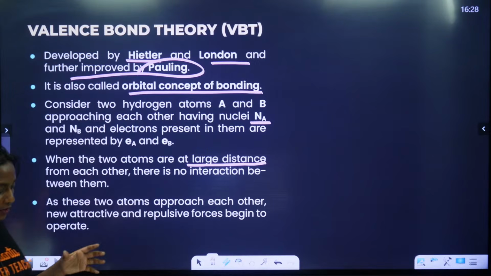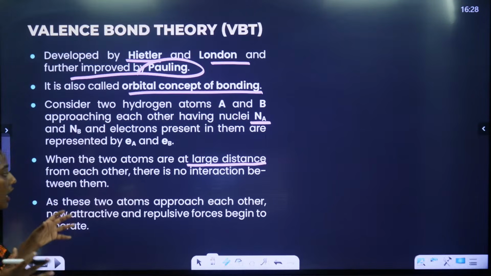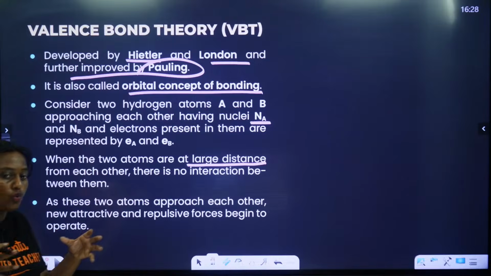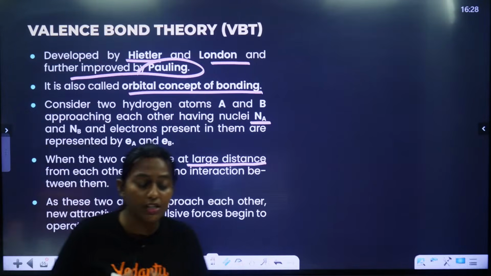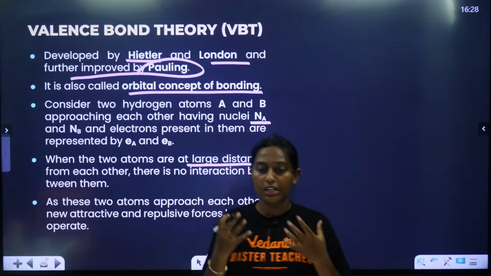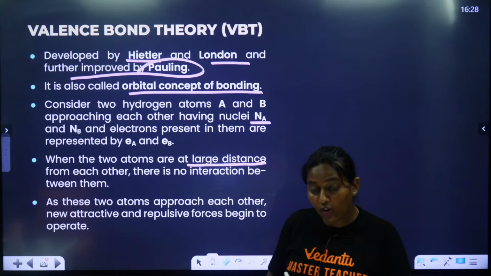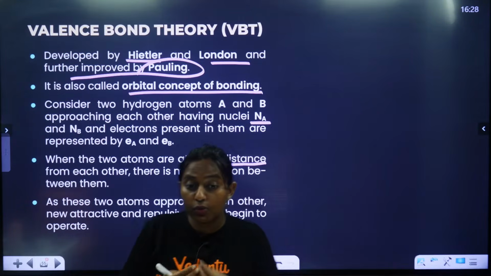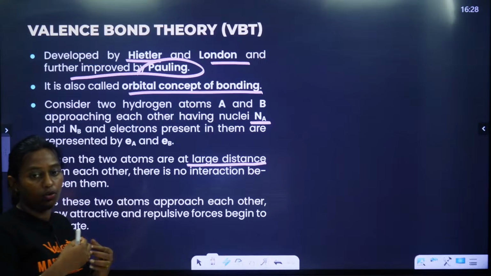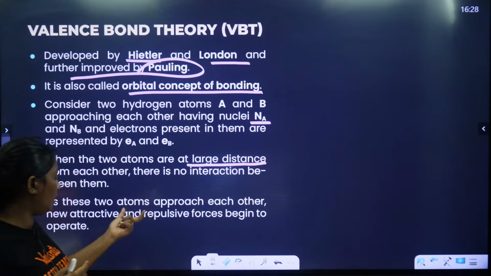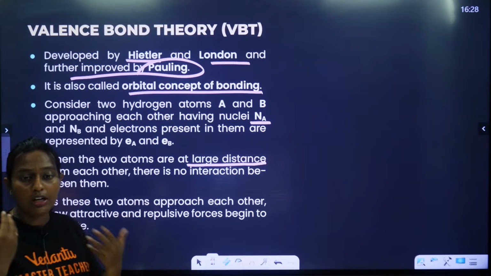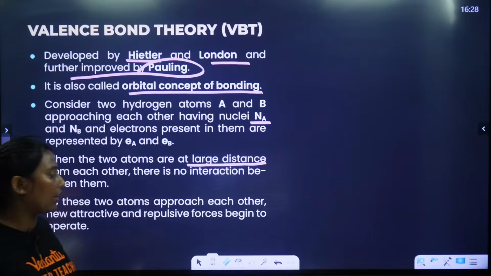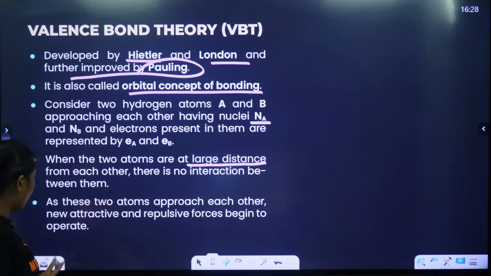So if the atoms are approaching each other, a repulsive force as well as an attractive force will start to form.